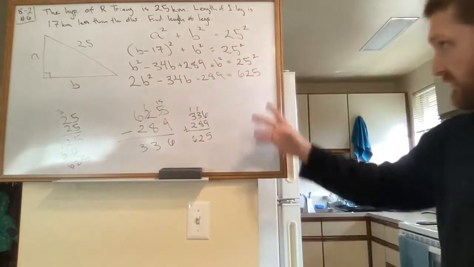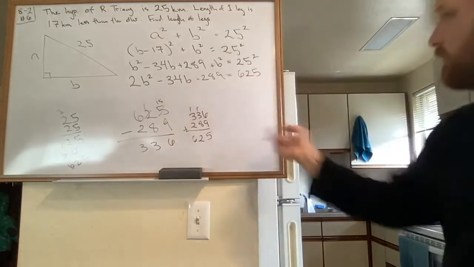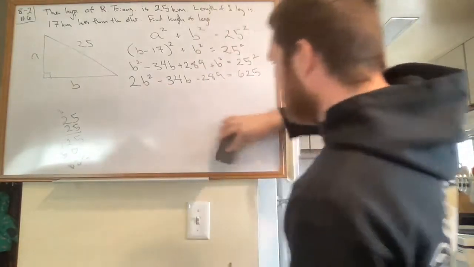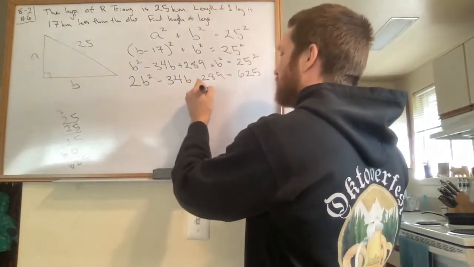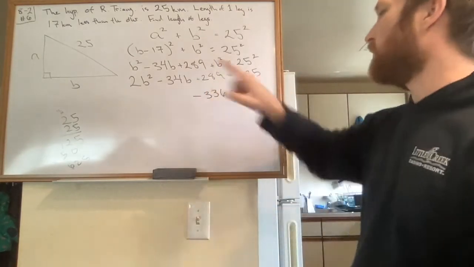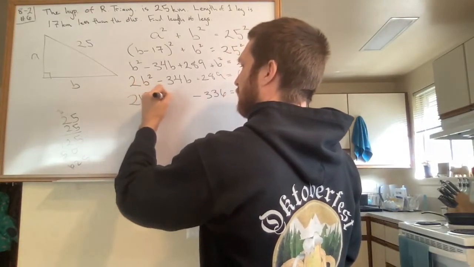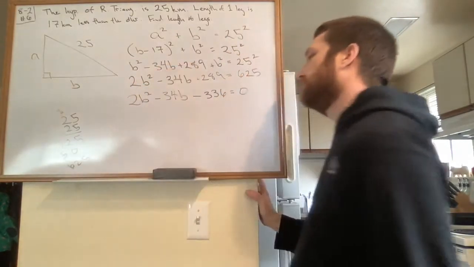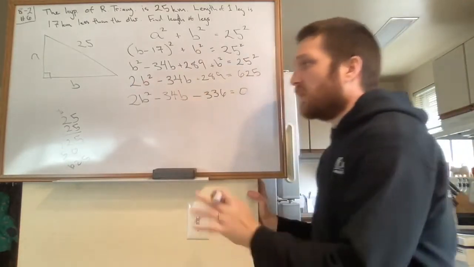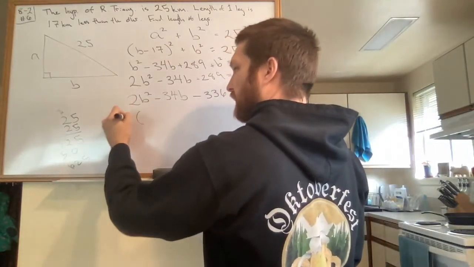Okay, yeah, 336 then. But if I brought it over here, that would be plus 336. So we'll bring it back over and go minus 336. That's what I just did. I took that guy over, subtracted off. One thing that's nice is I can see all of these are even, so I will be able to pull out a 2. Let's go ahead and do that.